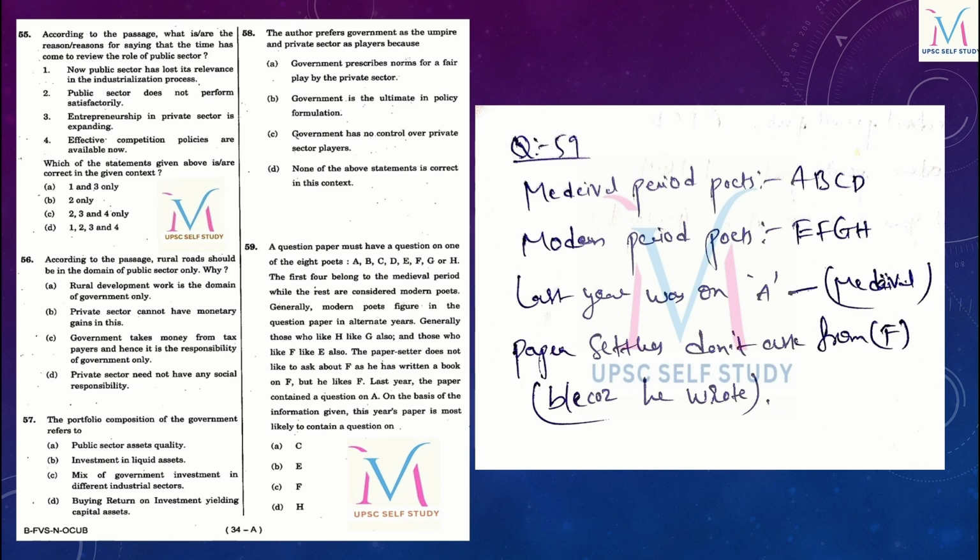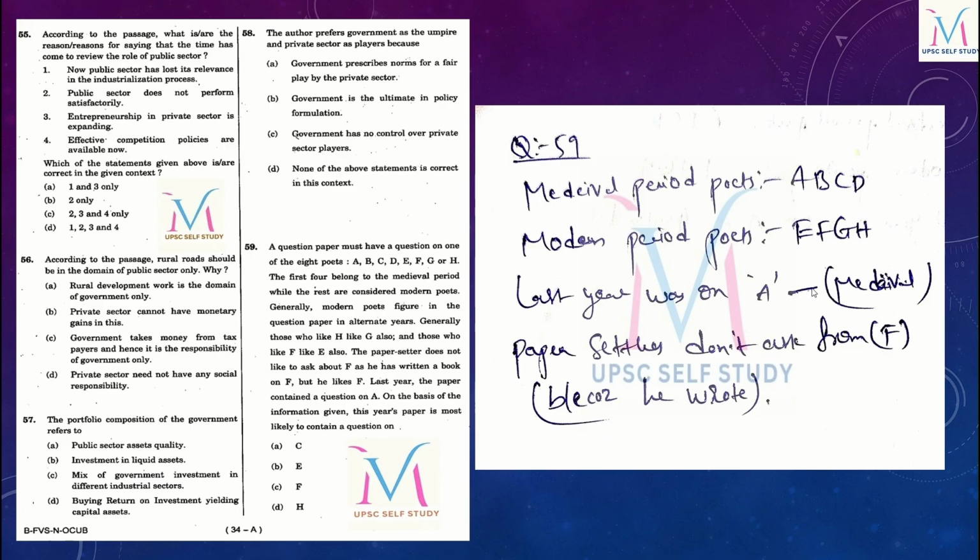Since last year was a question on A, which means the medieval period, this time the question should come from the modern period. But the paper setter was F, and he doesn't like to give his question from F. So those who like F automatically like E also. So this time the question will be coming from E, that is option B.